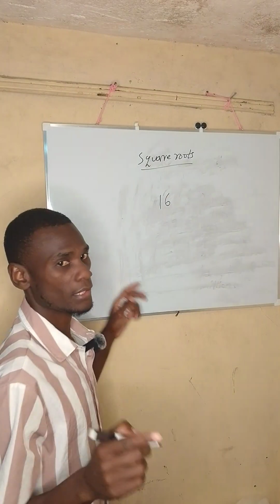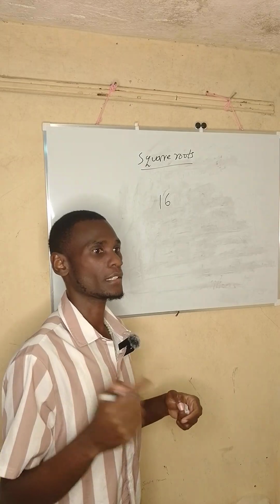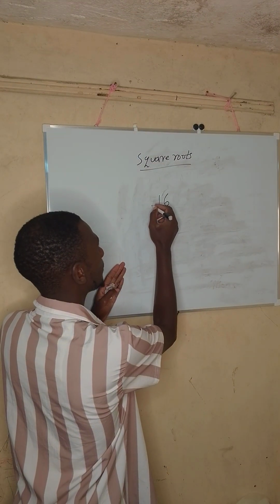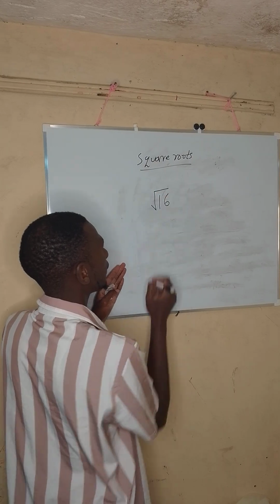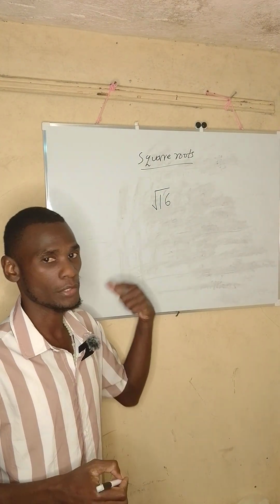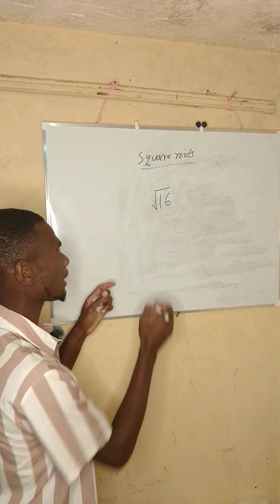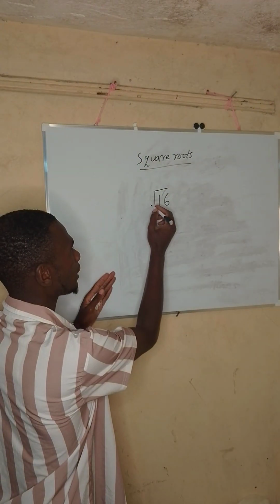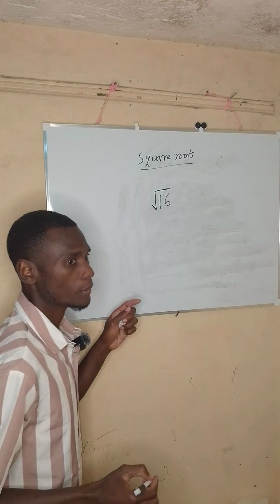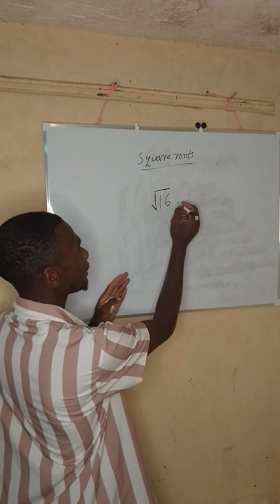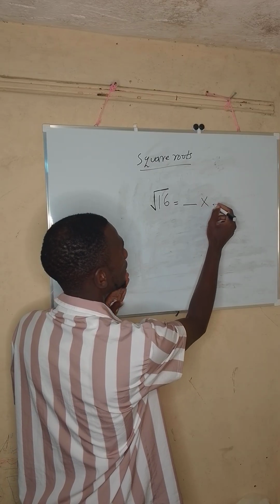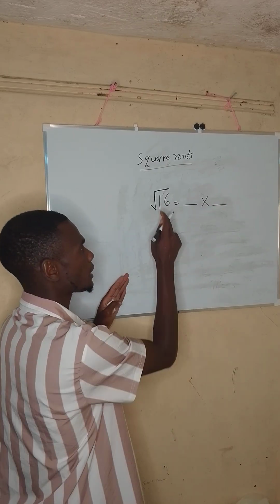and you are asked to get the square root of 16, remember, square root is noted by this sign. Some learners confuse this sign to be division. It is not division. It has a hook. Division does not have this hook here. So this sign means square root. This square root means there is a number here that was multiplied by itself to give you 16.